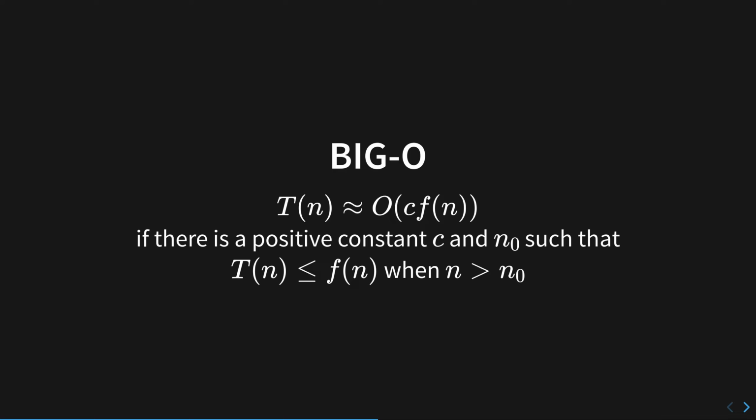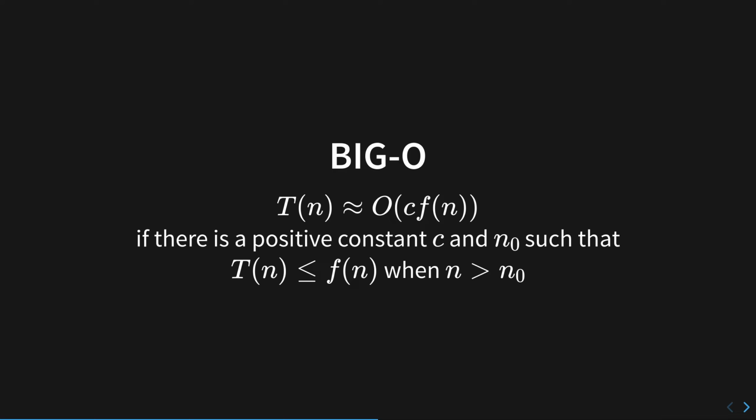So up to a constant factor, we're good. That's the margin, and n naught is the point where the big O function we picked is strictly greater than it. The upper bound is a phrase to use for it.